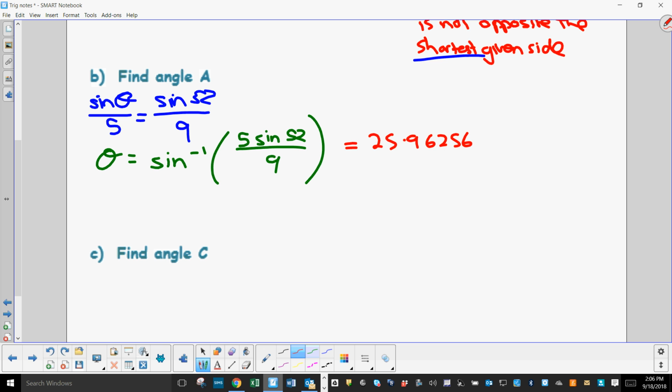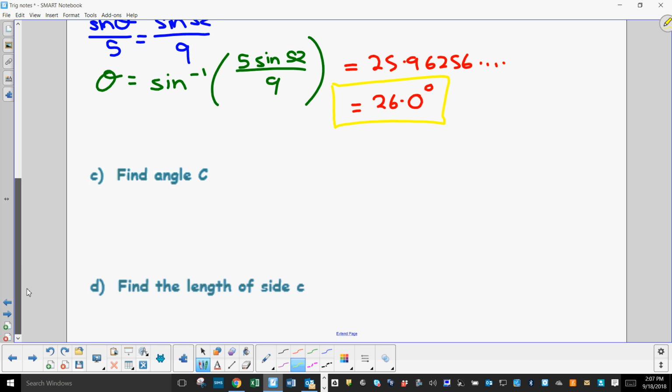Yeah, 26.0 degrees. It's an angle. Good. So Sarah's made sure to keep 3 sig figs by putting the point 0 at the end. Otherwise she would have rounded to 2 sig figs.